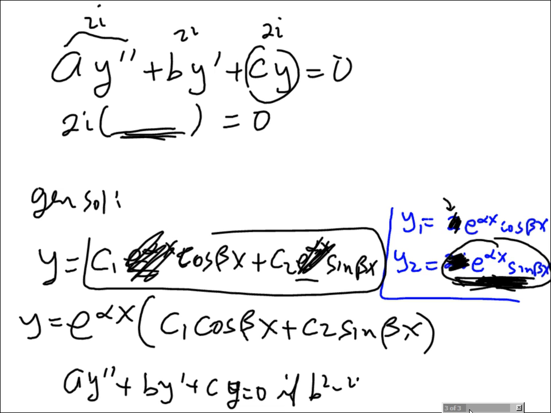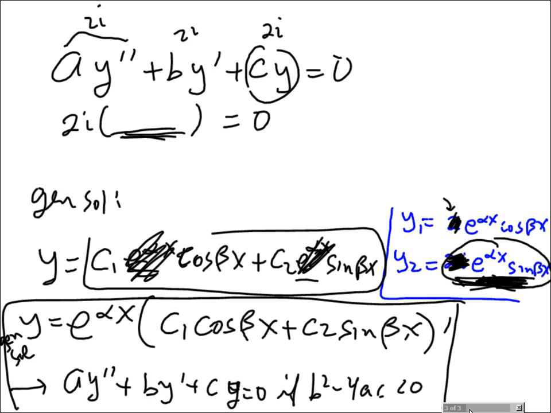If b squared minus 4ac is less than 0, if you have this equation, then what's right above is the general solution. You want to memorize that? Not such a bad idea. So again, if you have this equation and b squared minus 4ac is less than 0, then there's your solution.